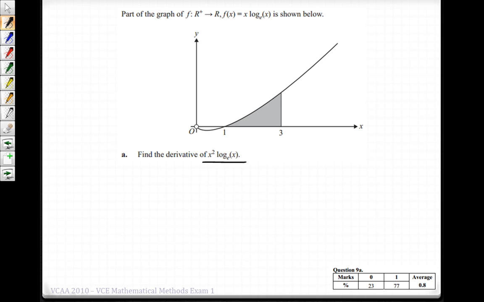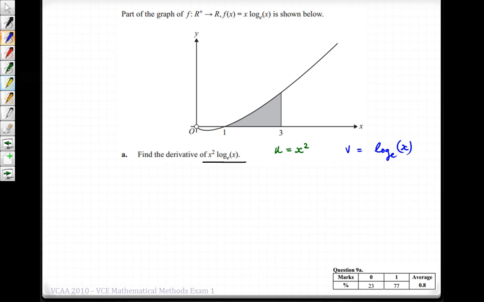So the derivative is going to be the product rule. We've got x squared multiplied by log e to the x. So we're going to call u equals x squared, and v equaling log e of x.